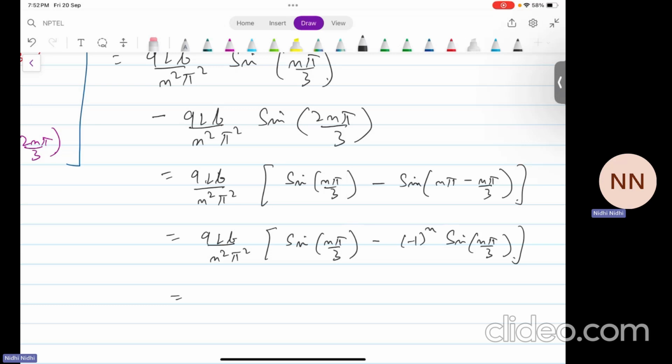So this is basically 9 lb by n square pi square sine n pi by 3 times 1 minus minus 1 to the power n.